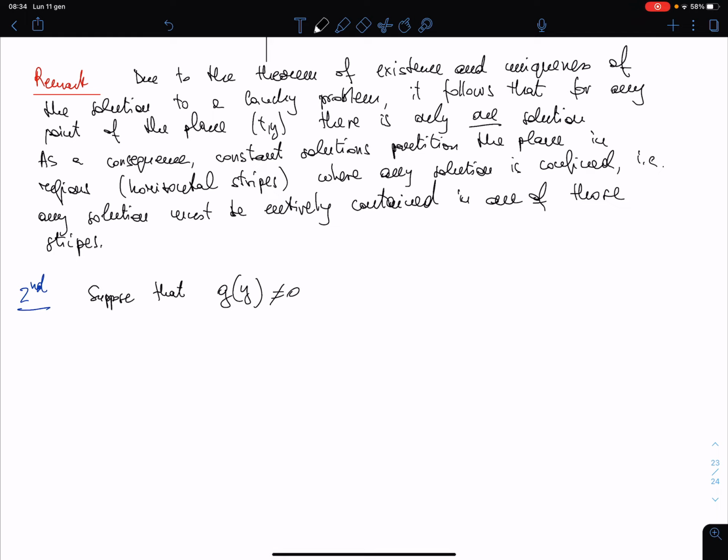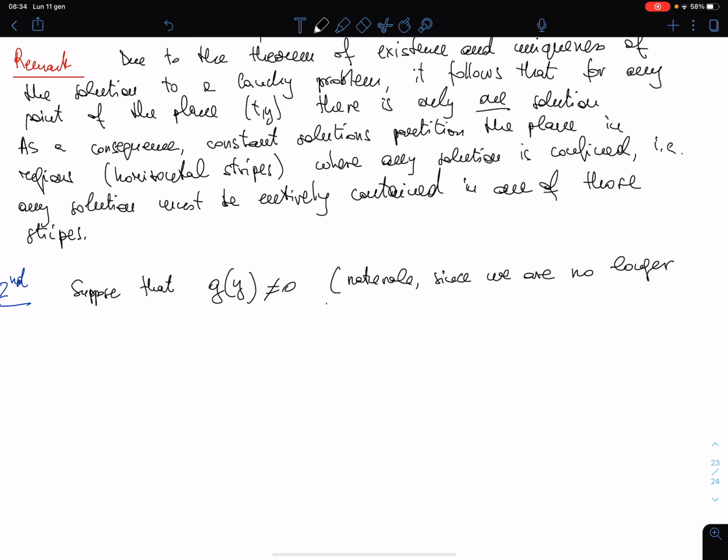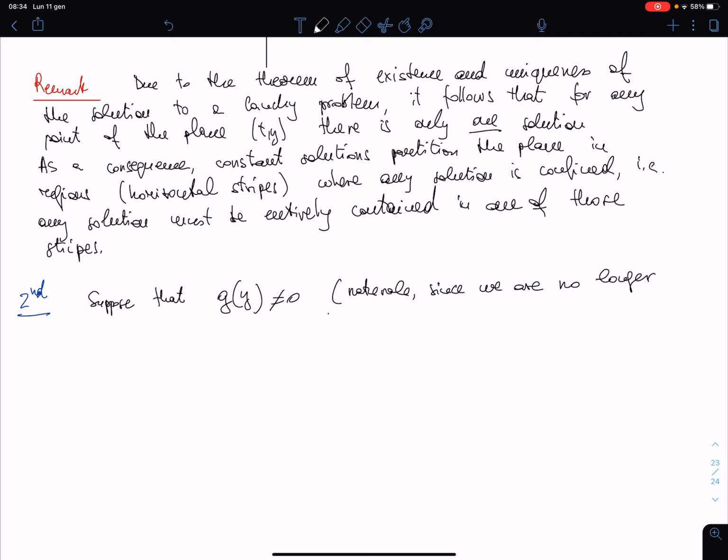And this is natural, since we are no longer treating the constant solutions.